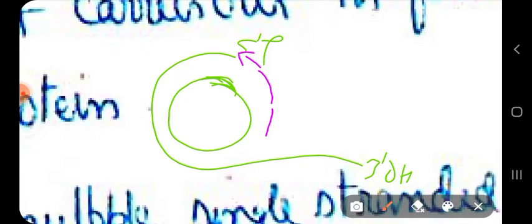Sorry for that, it will be in the opposite direction, from 5 prime to 3 prime direction. This strand will go on displacing, and this strand will be used as a template for synthesis of a new strand. Understood?